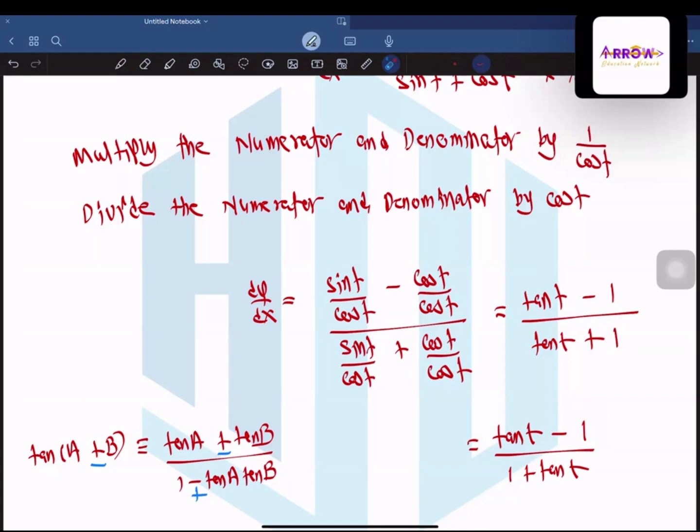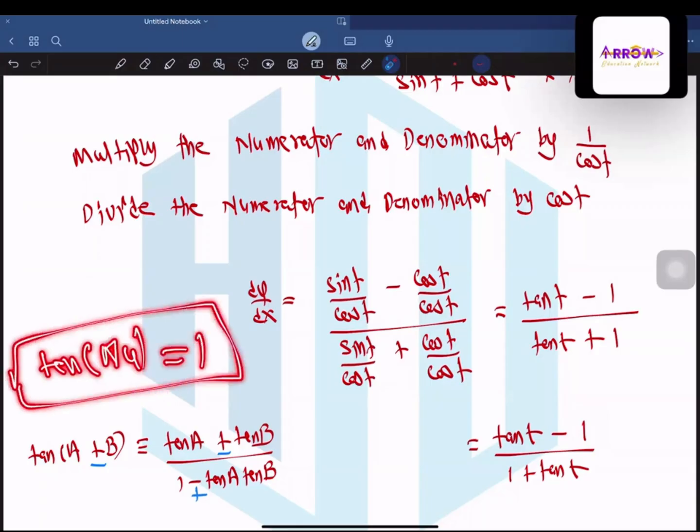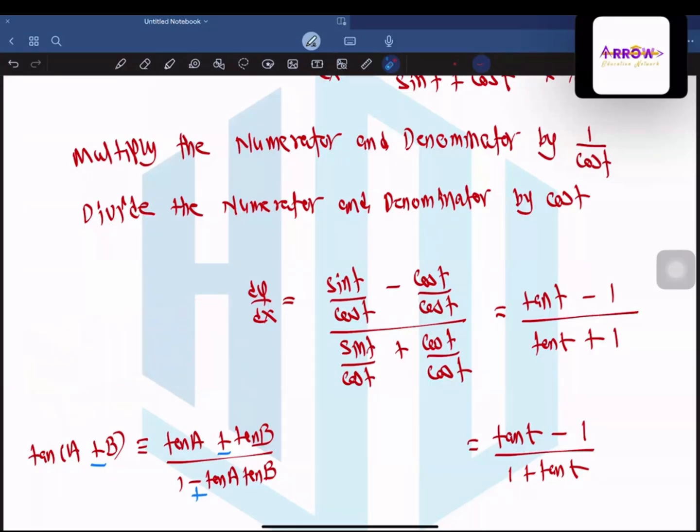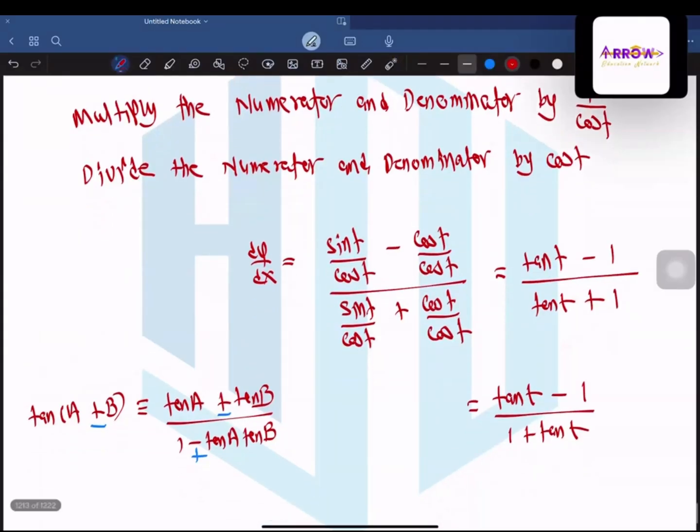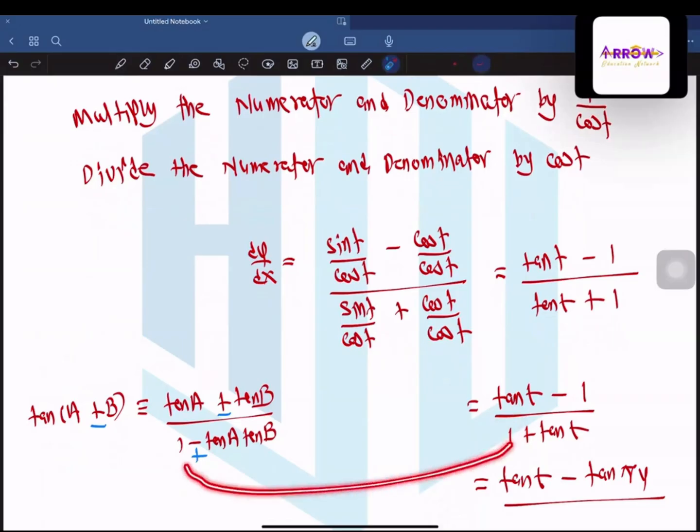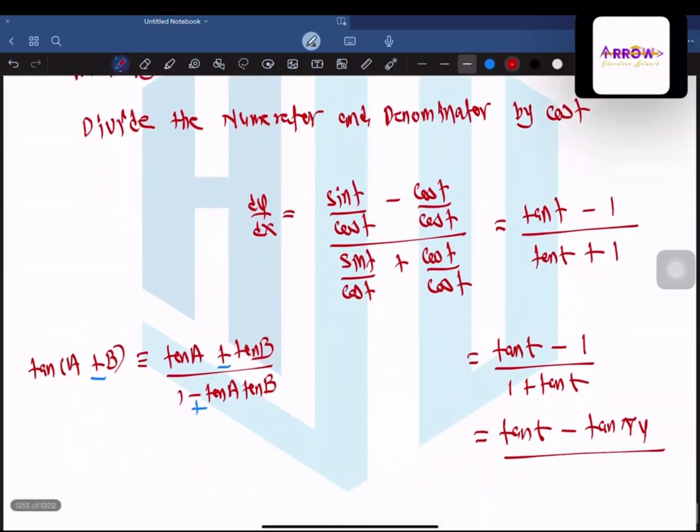You must be well aware that the value of tan pi over 4 is equal to 1, isn't it? Okay. So I'm going to replace 1 with tan pi over 4 in the numerator. So this will be tan t minus tan pi over 4 divided by, in place of this one, you cannot simply write tan pi over 4. Why? Because if you do a comparison, here you will write 1. This makes sense to you or not?